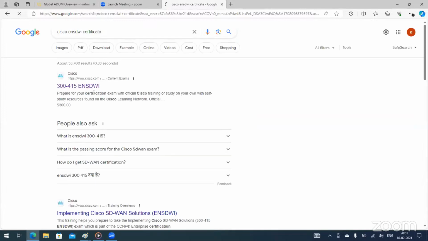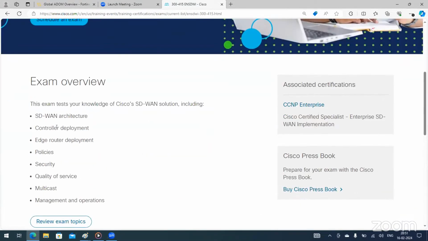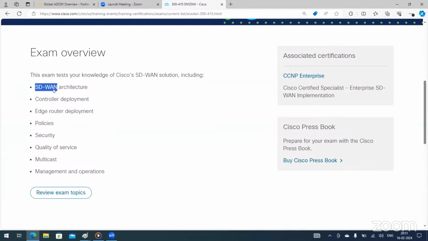This is the certification that you can go through once we are done with this course, right? 300-415, Implementing Cisco SD-WAN Solutions. These are the topics that we would be covering: SD-WAN architecture, controller deployment, edge router, policies. Policies are equivalent to route maps in legacy networking.